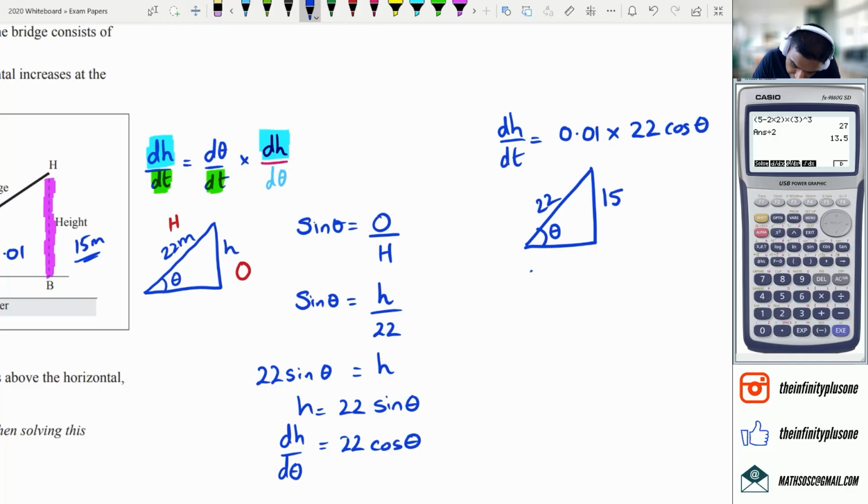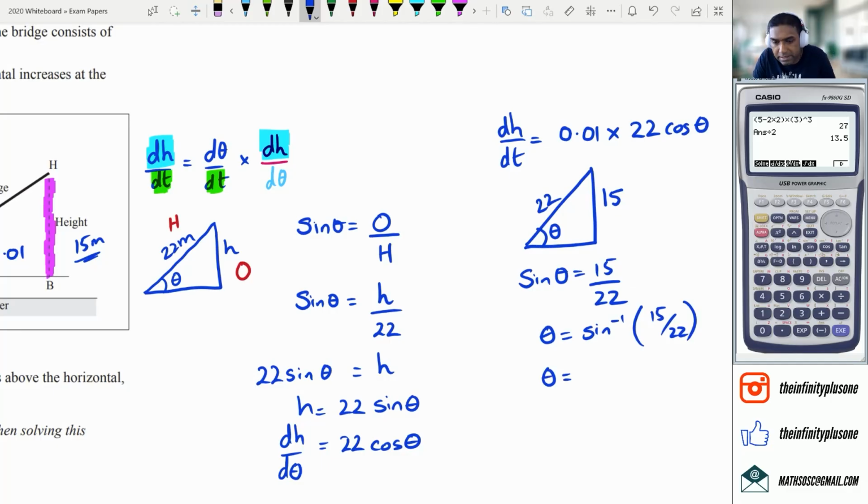To do that, I'm going to go back to sine theta, opposite over hypotenuse, so it's 15 over 22. Then theta is equal to inverse sine of 15 over 22. That's going to give me whatever theta is. Get my calculator. Shift sine of 15 over 22.